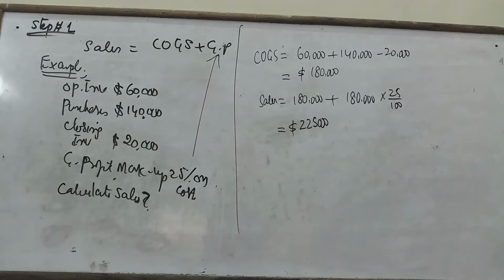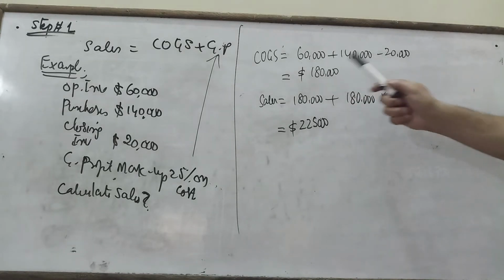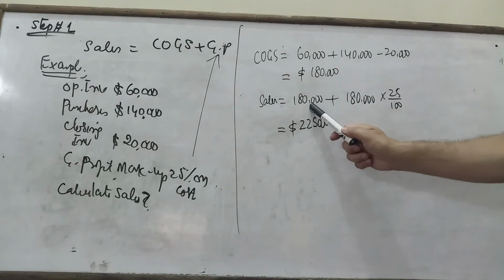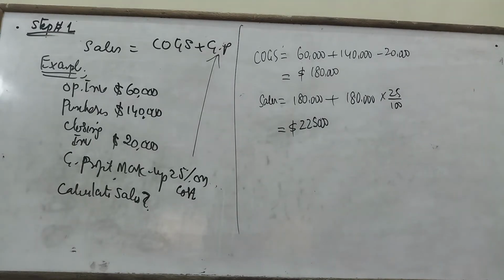Okay, once you have markup, then markup is applied on cost. So for that you have to calculate cost of goods sold and add markup to the cost, which will give you sales revenue. Similarly, sometimes margin will also be given in an examination.